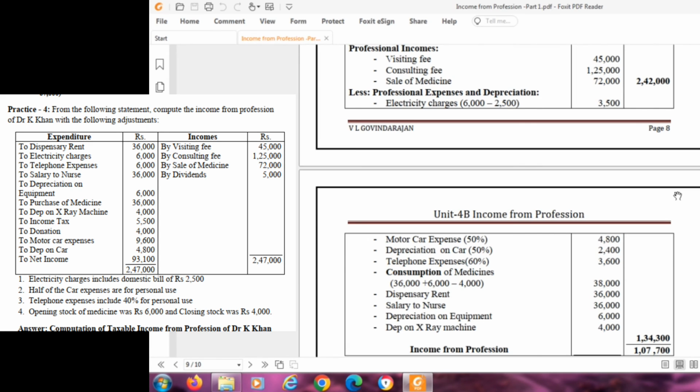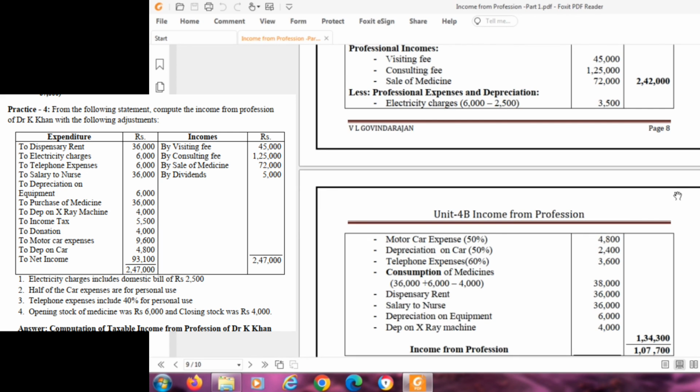Dispensary rent already allowed. Salary to nurse 36,000, also professional nature. Depreciation on X-ray machine 4,000, also professional nature. Next, income tax is personal nature, leave it. Donation is personal, leave it. Car expenses and depreciation on car we already adjusted.